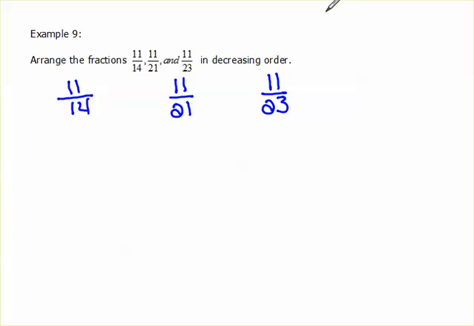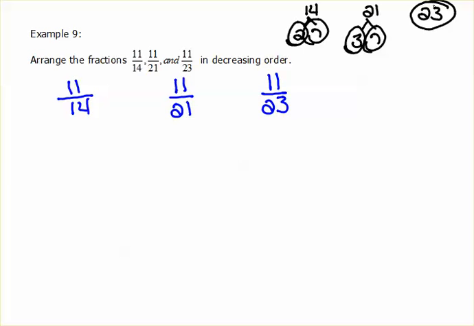So we know that 14 would be 2 times 7, right? 21 would be 3 times 7. And 23 is just 1 and 23. It's prime. So remember, when we find our least common multiple, which is the same thing as the common denominator, we know that in this scenario we have some 2's, some 3's, some 7's, and then we have 23.